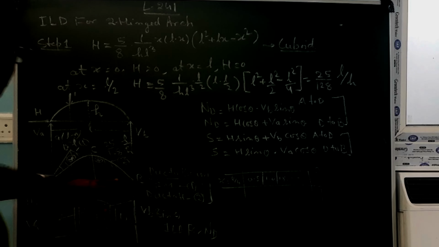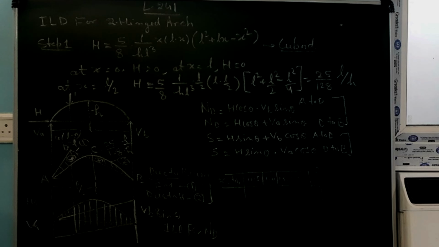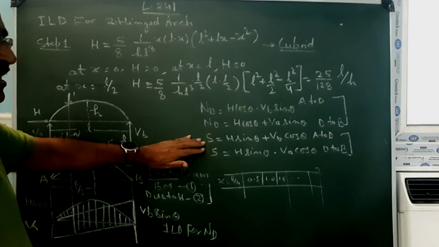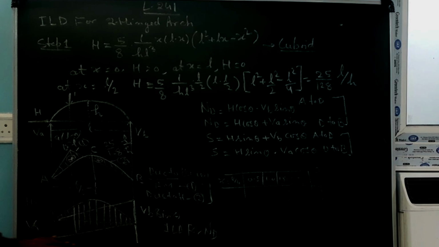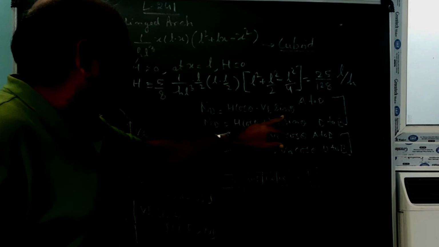This one is for the beam and the second is for the arch, that is horizontal thrust. Now if you want to find out the normal thrust and radial shear, these are the formulae which we apply over here. For this application we have done here, this is your BD sin theta and this is BA sin theta. Sin theta is put in this direction. So from A to D, this is your H cos theta minus BD sin theta.